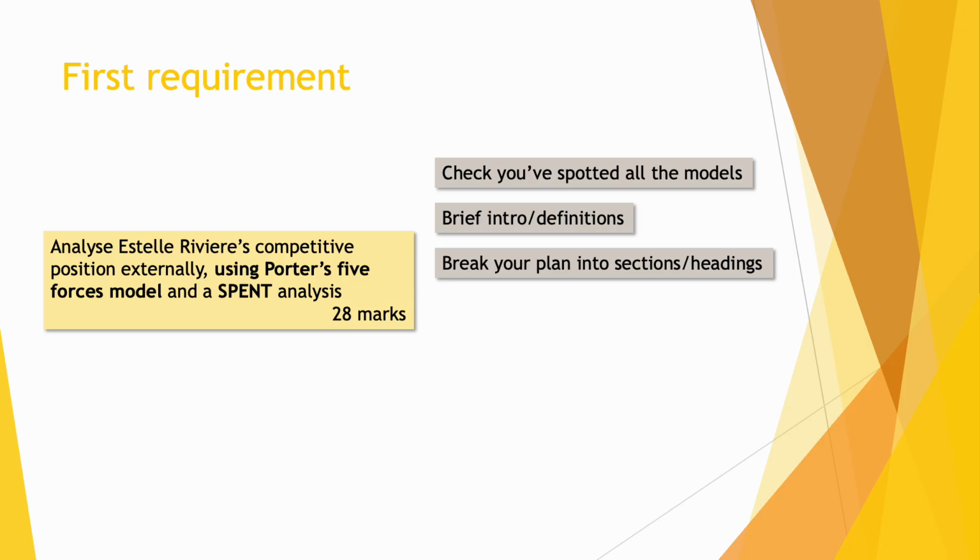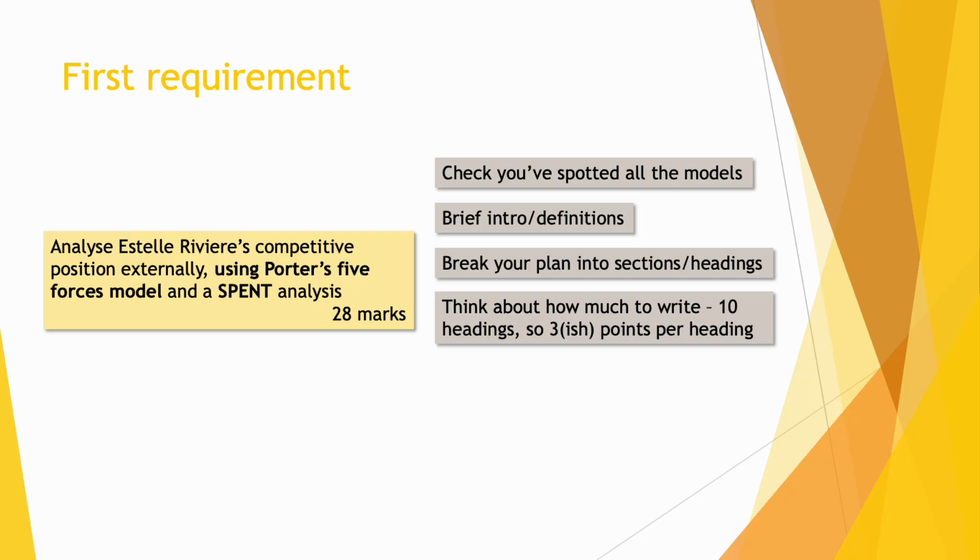Think how you're going to structure it. Now, in this case, we've got two distinct models, 5 forces and PESTLE. Well, 5 forces, so there's 5 things to talk about there, and 5 things within PESTLE analysis. So essentially what we have is 10 separate headings that we need to use here, 10 sections we need to break our answer down into.